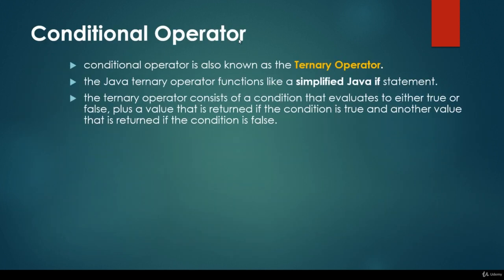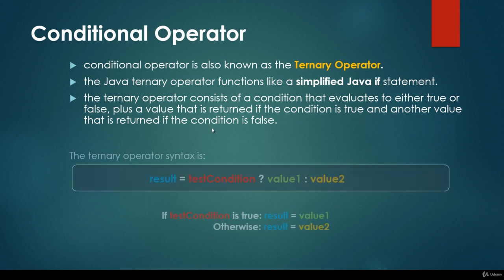We have conditional operators. A conditional operator is also known as the ternary operator. The Java ternary operator functions like a simplified Java if statement. The ternary operator consists of a condition that evaluates to either true or false, plus a value that is returned if the condition is true and another value that is returned if the condition is false. So this is the formula we have to consider.